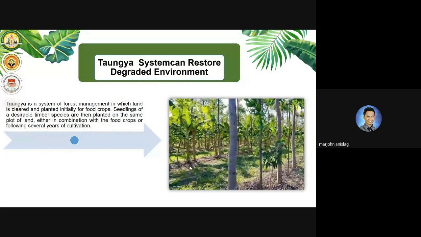Moreover, planted annual food crops provide food and a source of income for the farmers to sustain their daily needs. Further, this practice can create employment for those people who are unemployed.